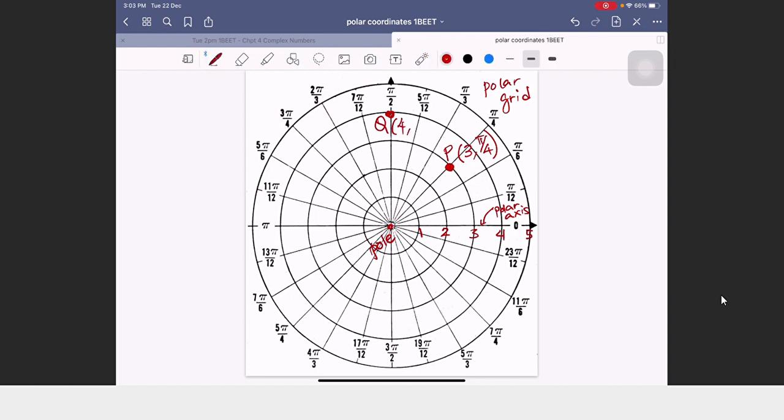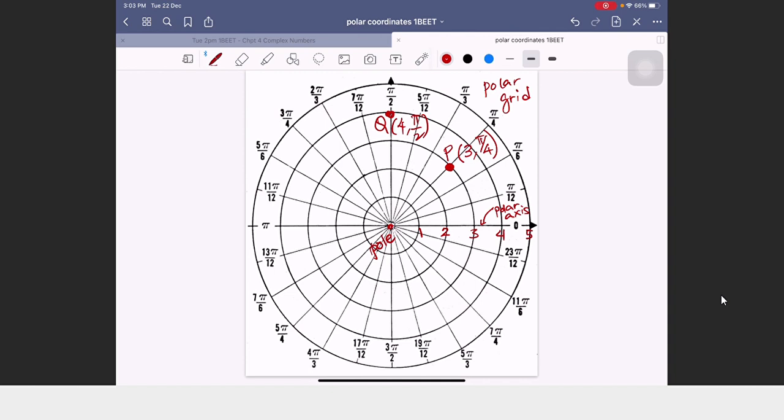And what about the angle? This ray has the angle pi over 2. Angle can be represented by radians, or it can also be represented by degrees. So pi over 2 or 90 degrees.